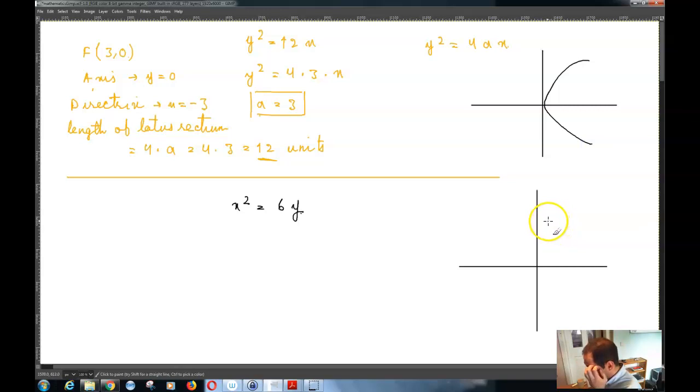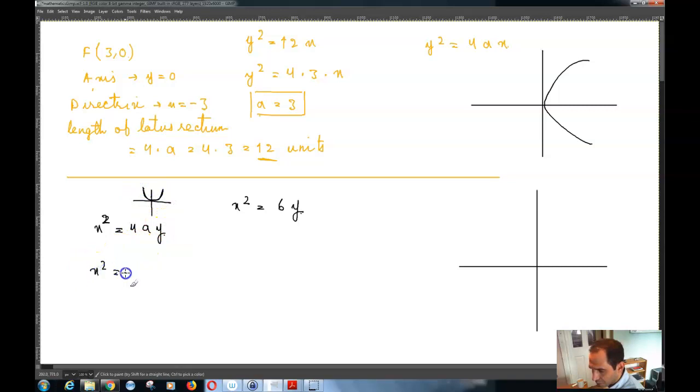And using the same logic, when you have the second power of x, your axis of symmetry is going to be along the y-axis. For example, if you have x squared is equal to 4 times a y, it's going to be opening upwards, some parabola like this.